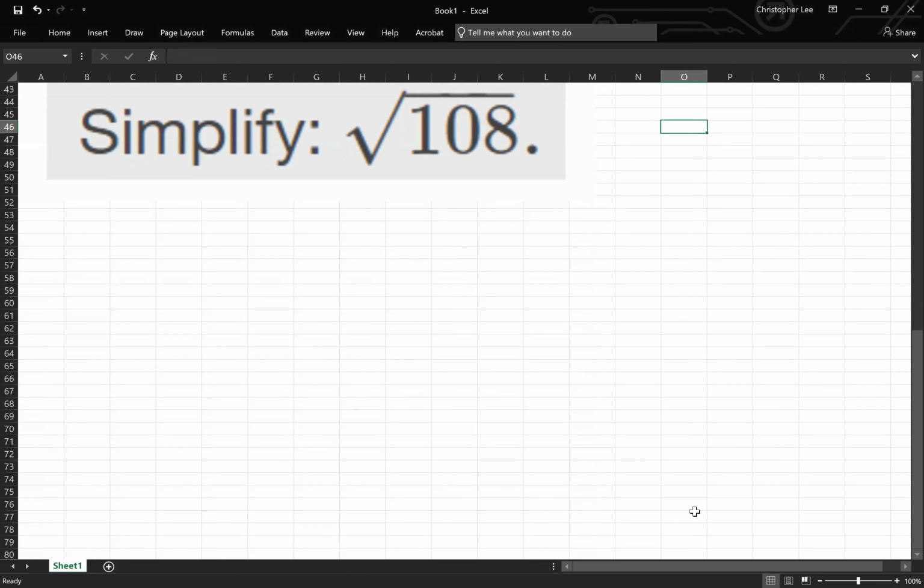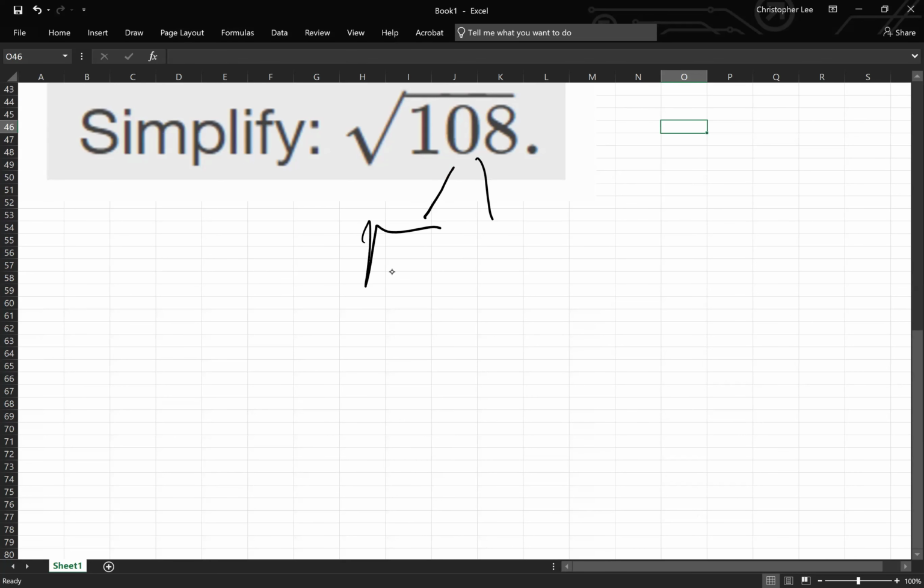You don't have to pick the biggest one. You could pick a little one and we could just keep going at it little by little if you want. That's fine. So what perfect square goes into 108? 36? Okay, okay.